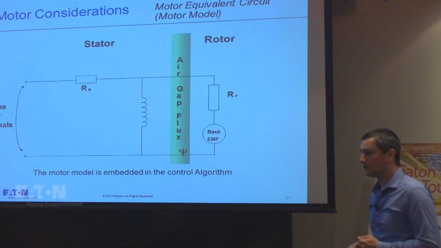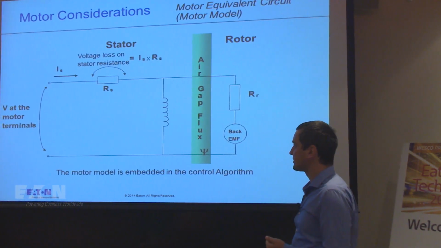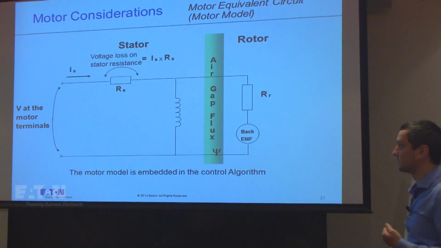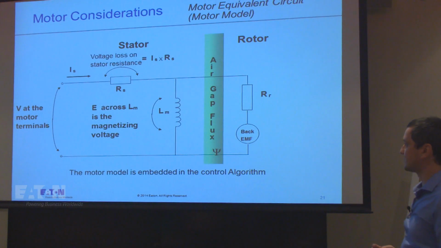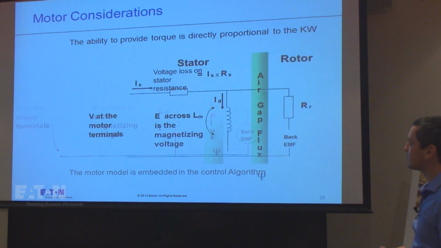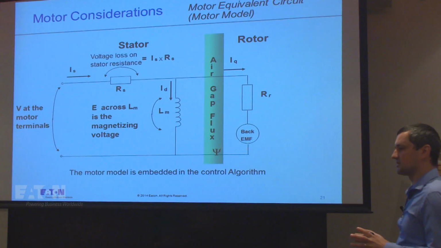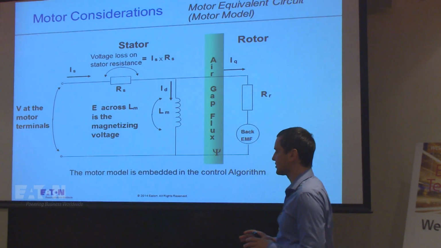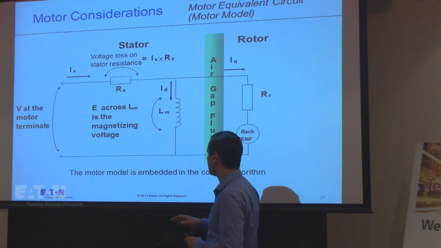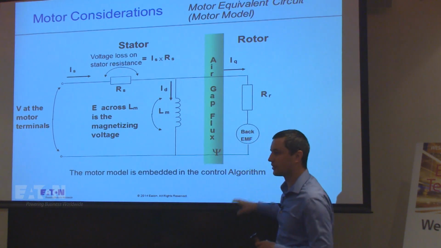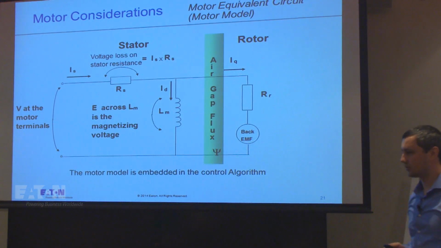You apply voltage at the motor terminals, you have a current flowing through the stator, you have the resistance in there, you have the magnetizing voltage. I'm not going to insist too much, but they looked at all the elements involved in this, and they translated that into an equation that can be used in the algorithm control for the drive, okay?